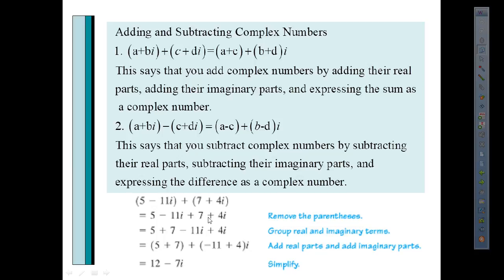Negative 11 plus 4 times I is going to give negative 7 times I. Now, if you need to break it up, go ahead and do that. All they did was they moved the real parts over here together and then grouped them. And then they moved all the imaginary parts over here together and then grouped the coefficients and did the operations.